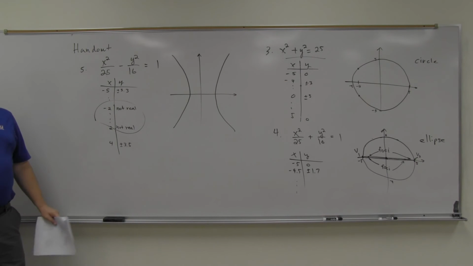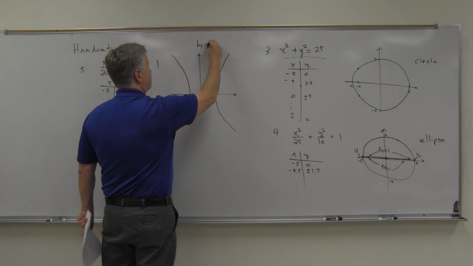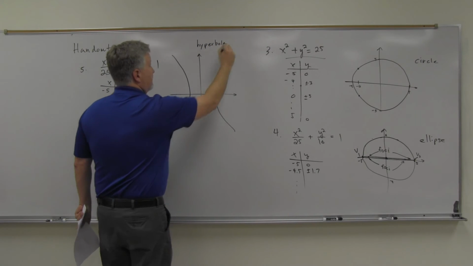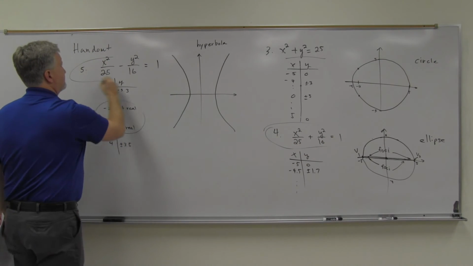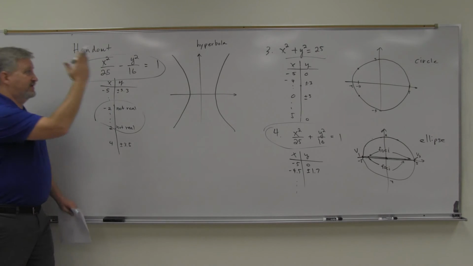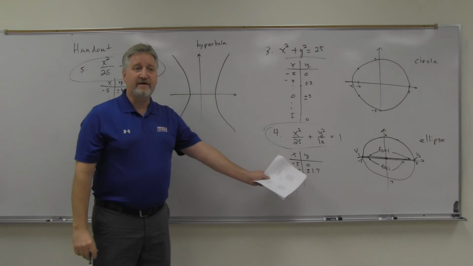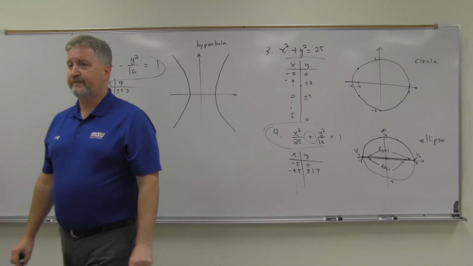This is what you have, which we called, what was that called? Hyperbola, yeah. Now, since I have number 4 still up and number 5 here, what was the difference, you think? Why did this one give you a hyperbola when this one gave me an ellipse? You're subtracting. Yeah, there's a subtraction in between.